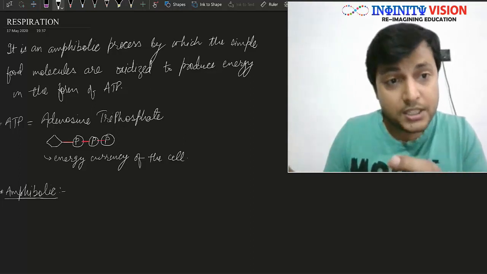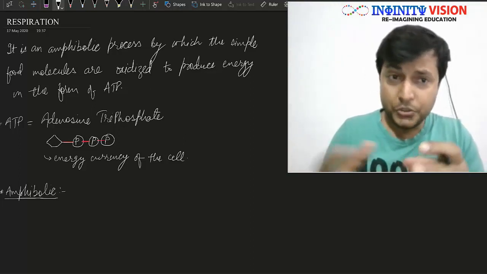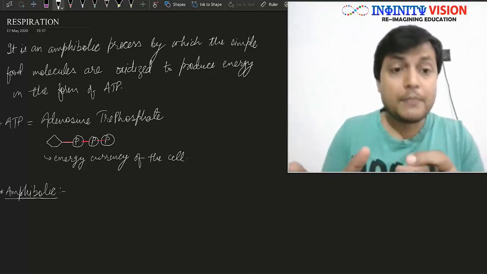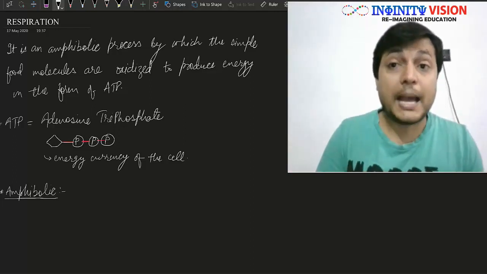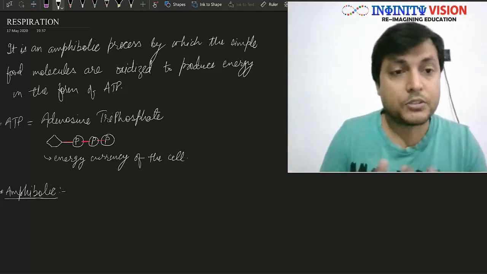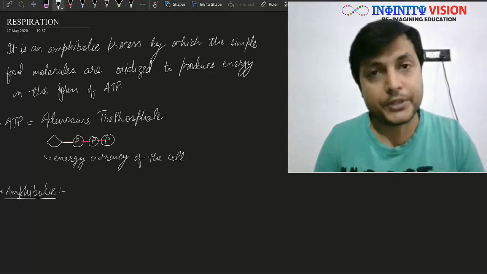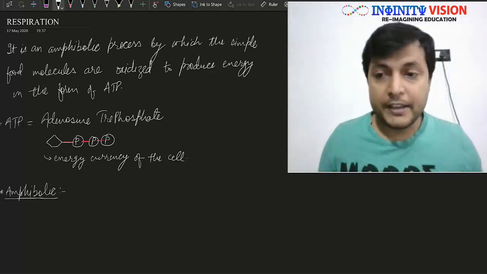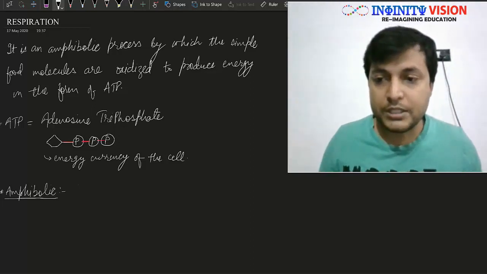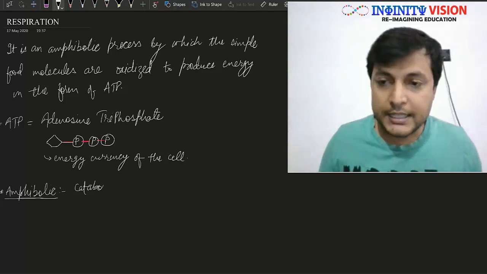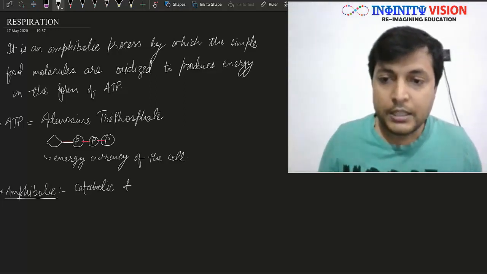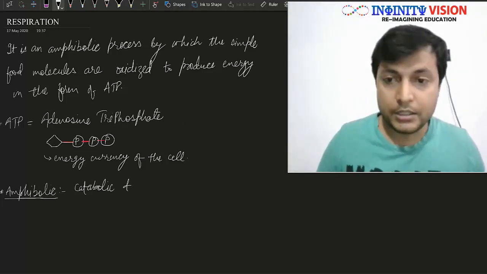That is anabolism. So during respiration, catabolism and anabolism both are happening, and hence this whole process is called an amphibolic process. So an amphibolic process is a process in which both catabolic and anabolic reactions occur.